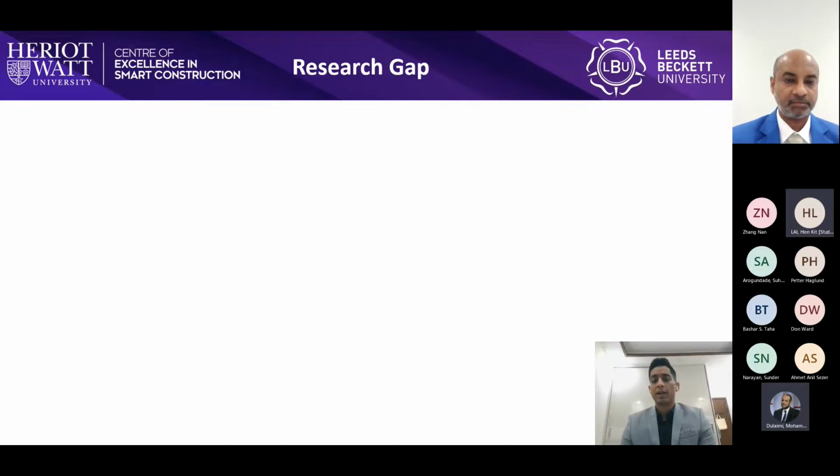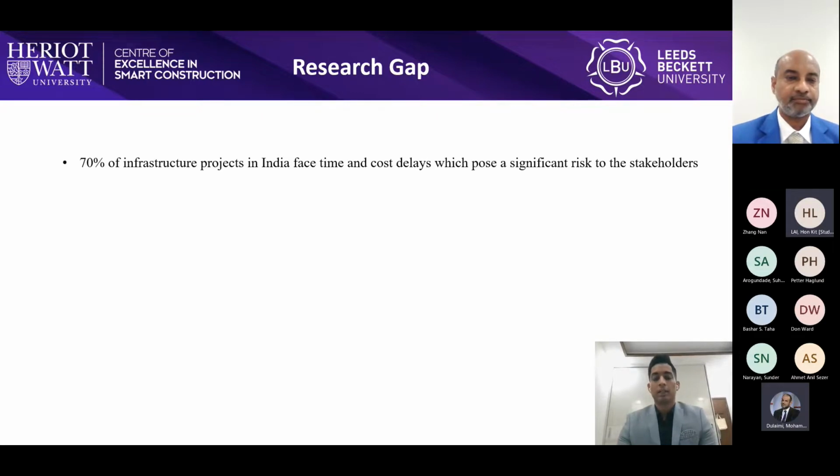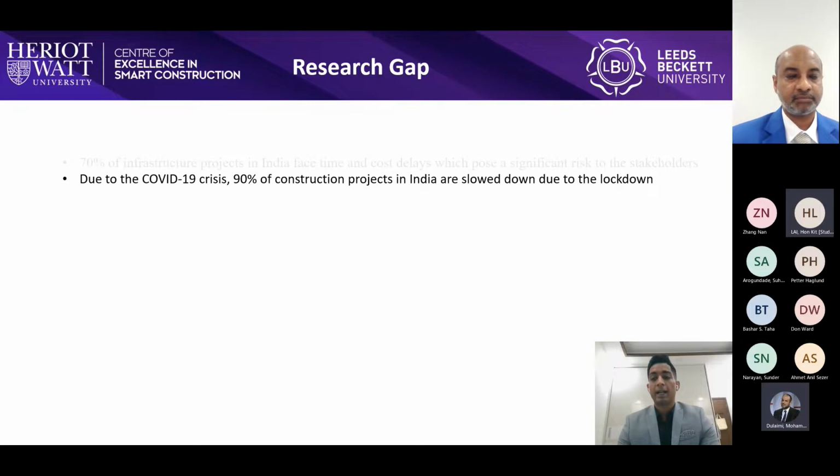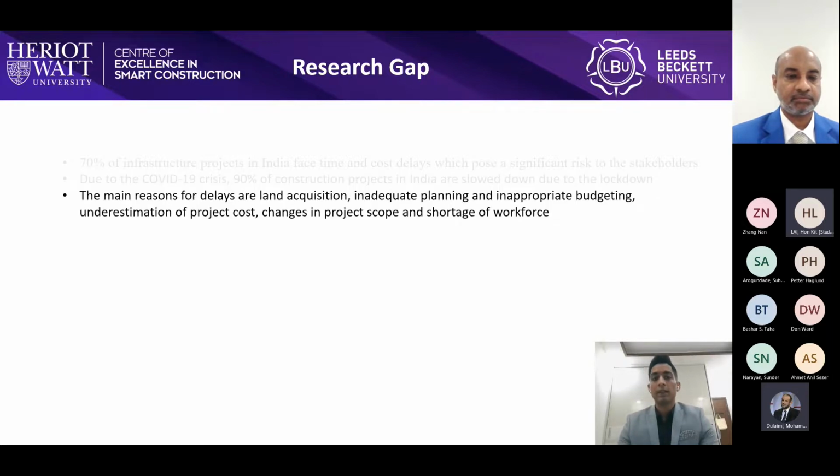Now let's highlight the research gap which was important for this research. 70% of infrastructure projects in India are facing either time or cost delays. It became worse due to the COVID-19 crisis, as 90% of the construction projects are facing delays now due to the lockdown. The main reasons for delays are land acquisitions, inadequate planning, inappropriate budgeting, underestimation of project cost, changes in project scope, and shortage of workforce, among others.